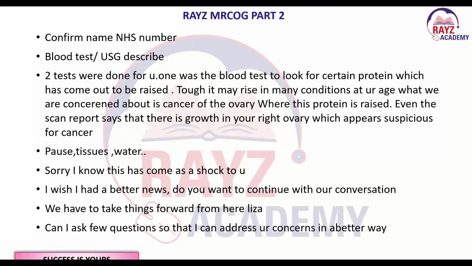Normally, this protein can be raised in a number of conditions, but at your age, we are more concerned about the cancer of the ovary. Normally the value is less than 35, but in your case it is around 700. Also, the scan shows that there is growth in your right ovary, which is suspicious of a cancer.